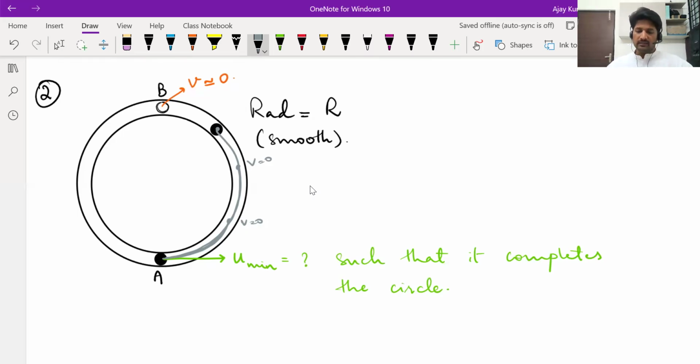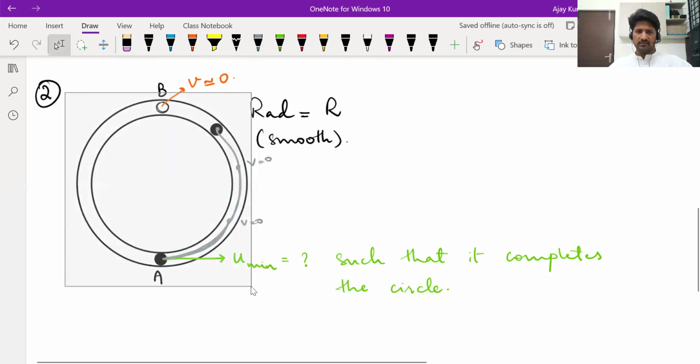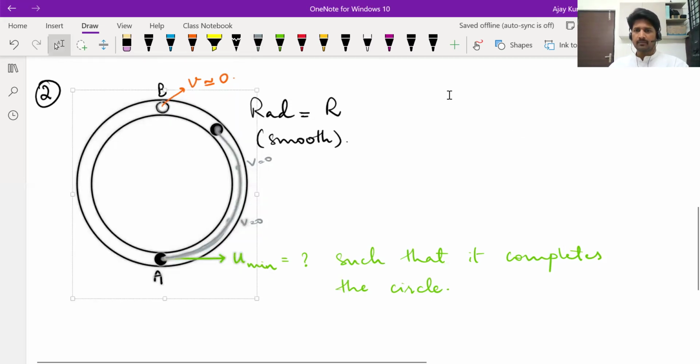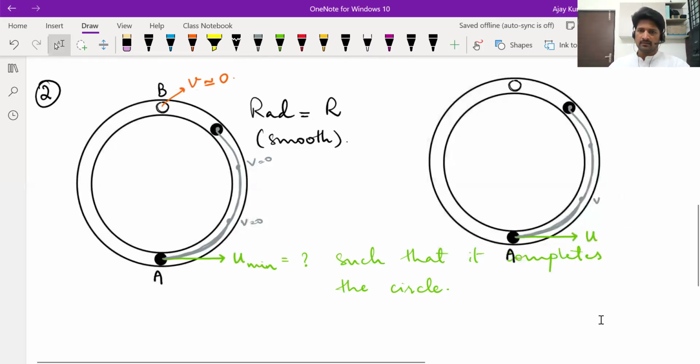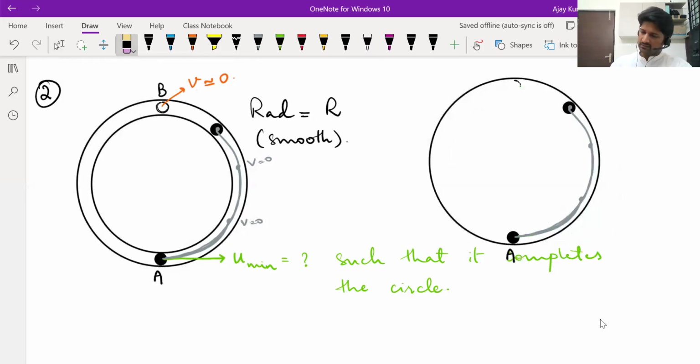Fine. Had there not been the inner surface, I'll show you the diagram on the right side. Consider something like this. Had the inner surface not been there, then what will happen? It has a possibility of falling into the circle.